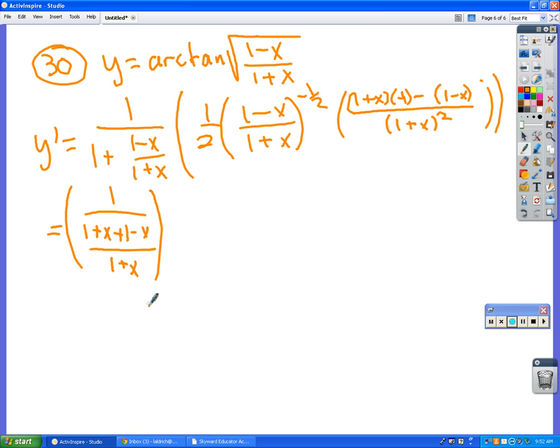Okay? Then if I do the negative 1/2 power, it's going to flip this over and make it the positive 1/2. So this is going to be 1 plus x over 1 minus x to the 1/2. If I take the negative 1 through here, that makes a negative 2.